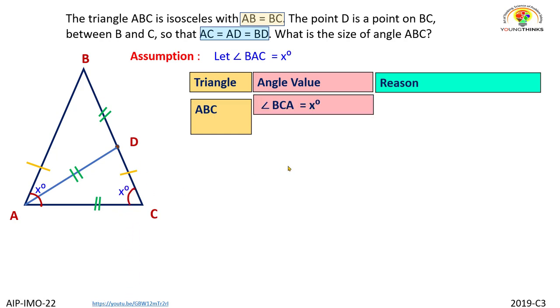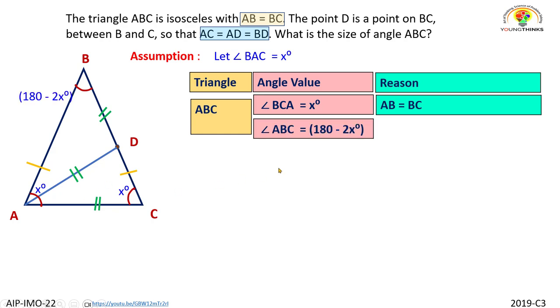The reason is that it's an isosceles triangle with sides AB and BC being equal. Now, what will be the value of angle ABC? It is going to be 180 minus 2x, again, as an angle of an isosceles triangle.